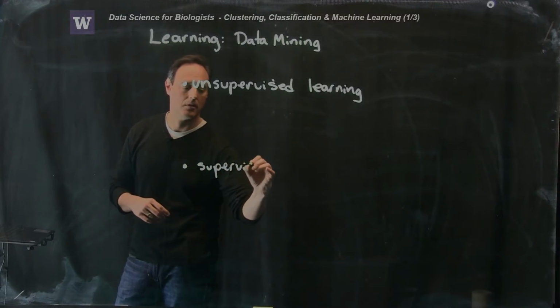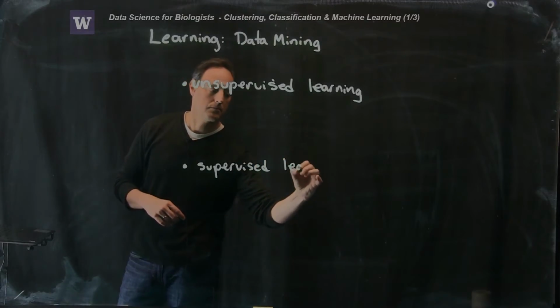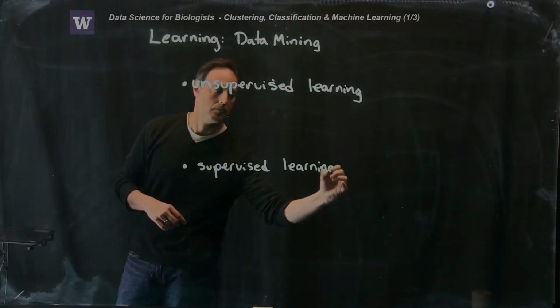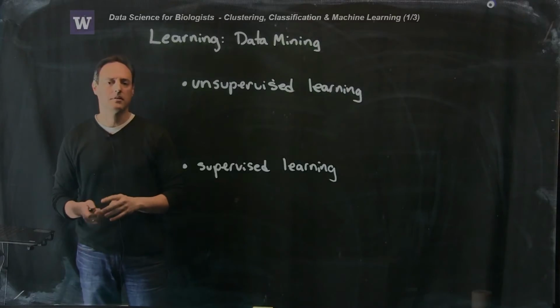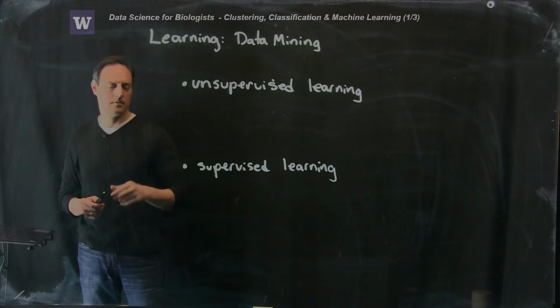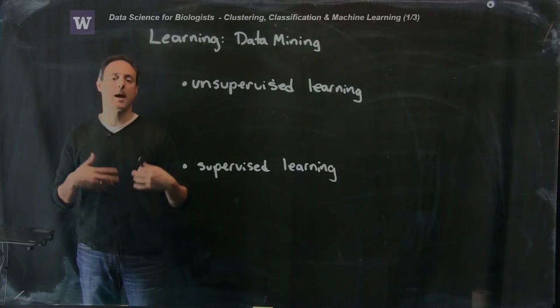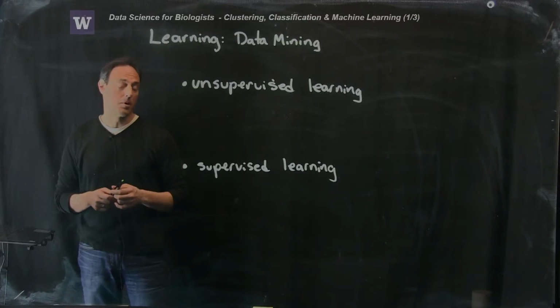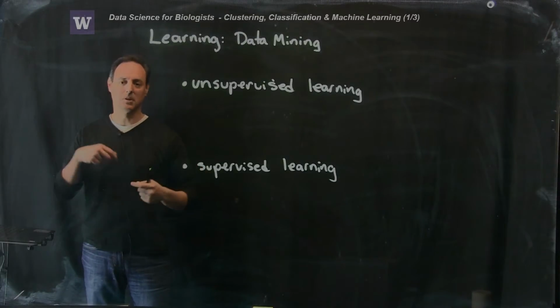Another type of data analysis is called supervised learning, which is a little different. This assumes that you know something about your data, and the idea is to capitalize on what you know, and perhaps you can even classify some of your data. You might think about pictures of dogs and pictures of cats.